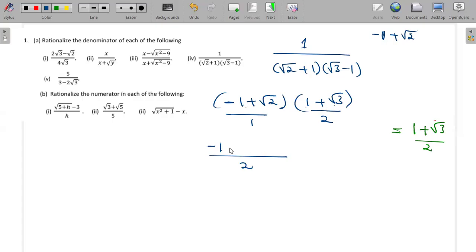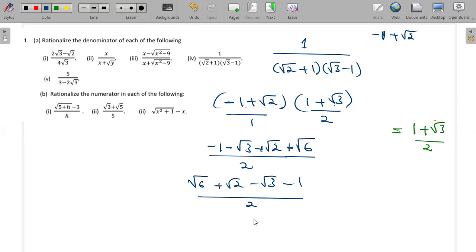Negative 1 multiplied by the root 3 gives you negative root 3. Then root 2 multiplied by 1 will be plus root 2. Then the root 2 multiplied by the square root of 3 is just going to be plus square root of 6. Then I just rewrite this as root 6 plus root 2 minus root 3 minus 1. I just want the negative to be on this other side, then over 2. And it's like that, you've rationalized.